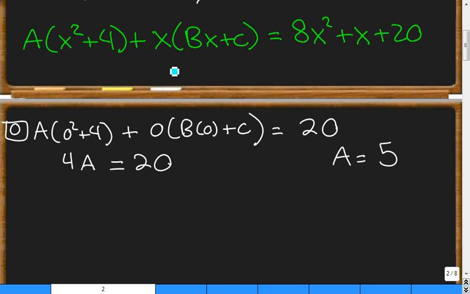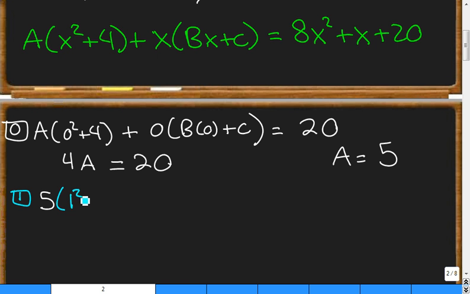Because what's going to happen here is we're going to end up with simultaneous equations. There are multiple ways we can solve that, but we just need to pick a number to plug in. We got A to be 5 already, so now we plug in things with 1 in it.